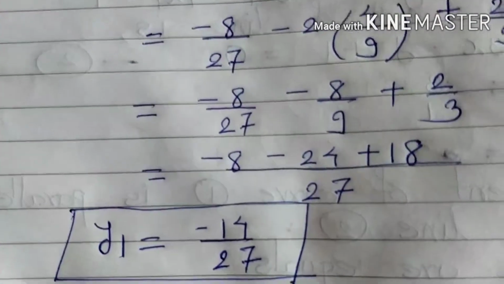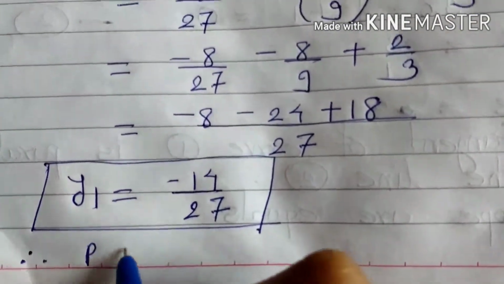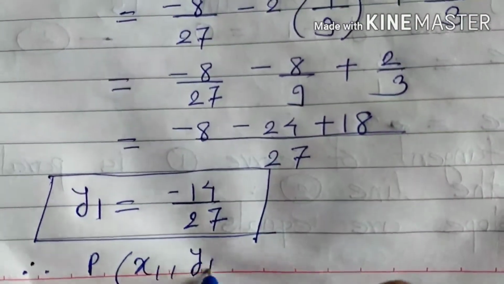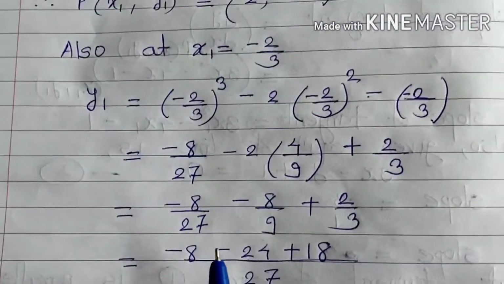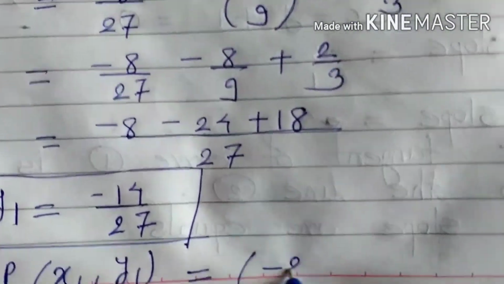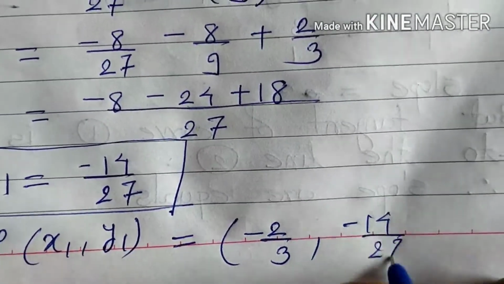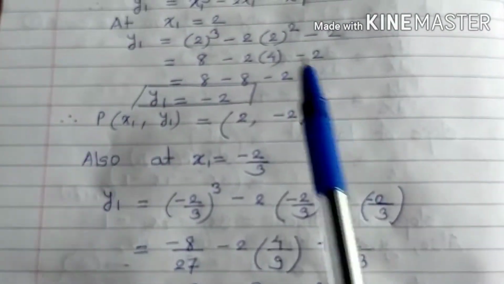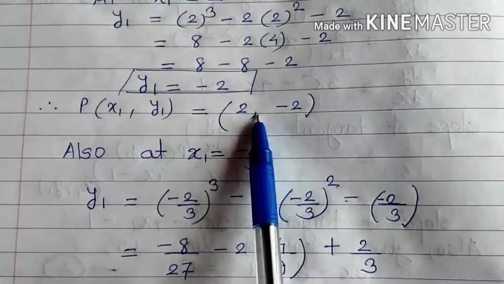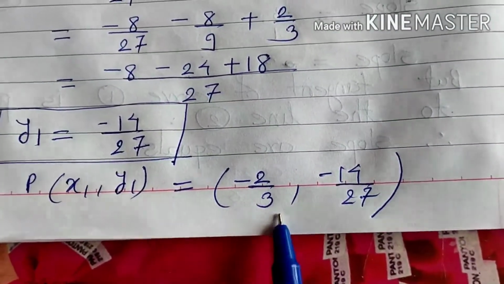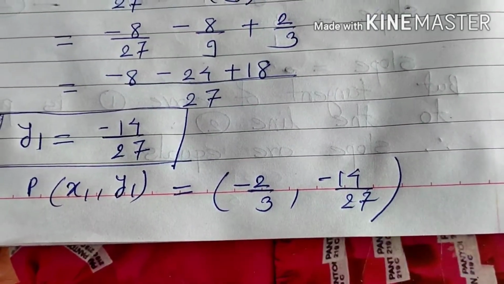So therefore our point x1 y1, when x1 equal to minus 2 upon 3, we get minus 14 upon 27. So we get 2 points. First point 2 comma minus 2 and second point minus 2 upon 3 comma minus 14 upon 27.